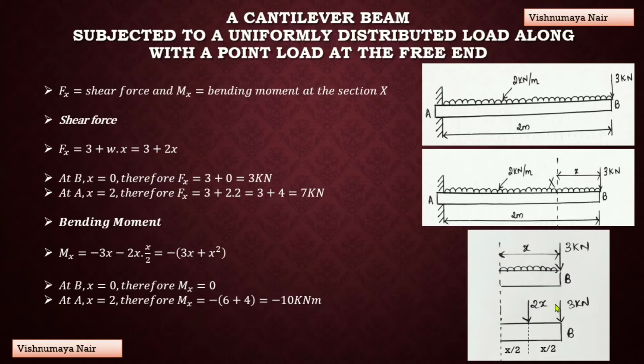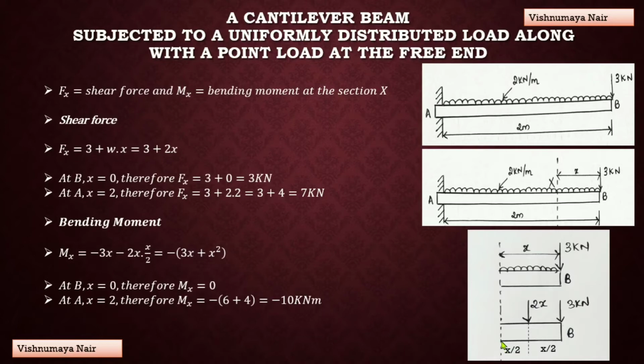Now on the right portion of the section, we have two point loads, one of magnitude 3 kN and the other of magnitude 2x, acting in the downward direction. We know that shear force is equal to the algebraic sum of the forces acting on either the left portion of the section or the right portion of the section. Here we have considered the right portion of the section. Therefore, shear force will be equal to the algebraic sum of the forces acting on the right portion of the section.